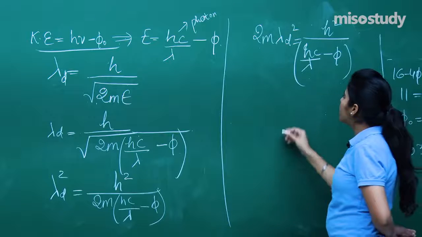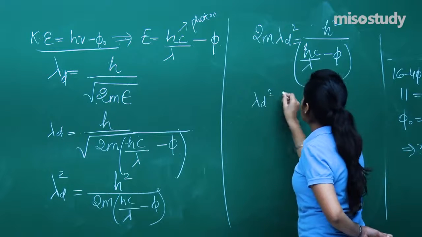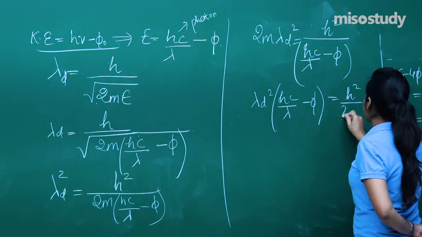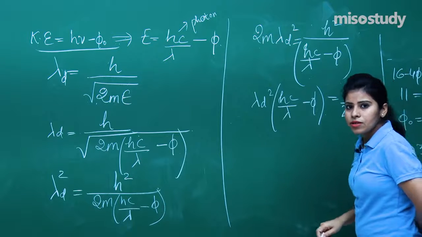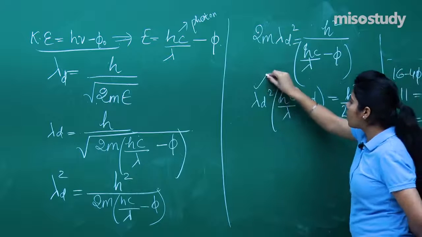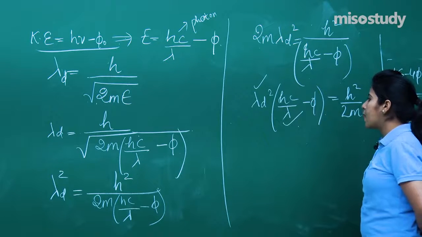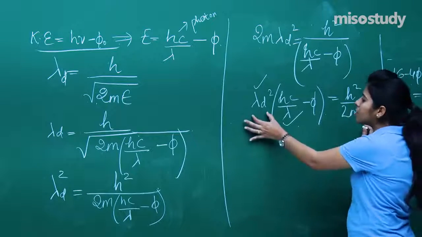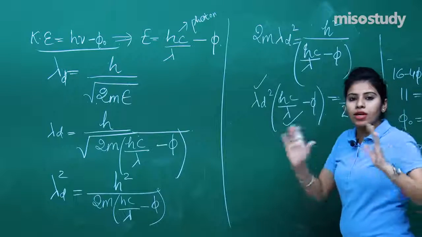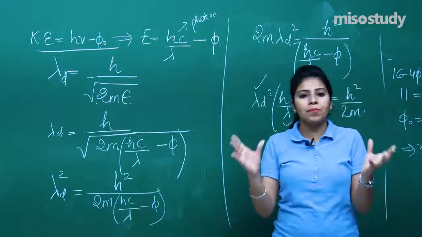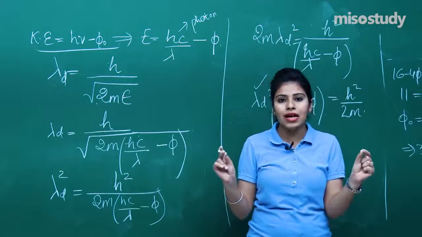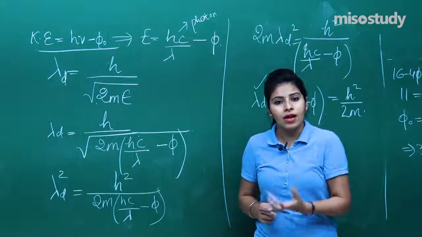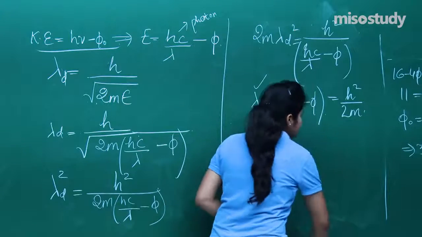Now from here you can see that you have a relation between lambda d and lambda, and if you find the derivative of both sides, taking lambda d and lambda to opposite sides and differentiating them, I will definitely have some ratio, that means d lambda by lambda. So let me do that.